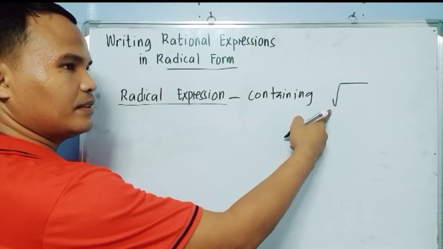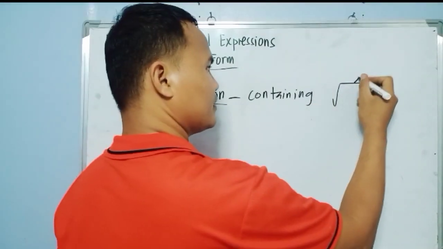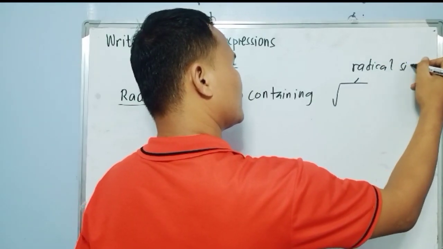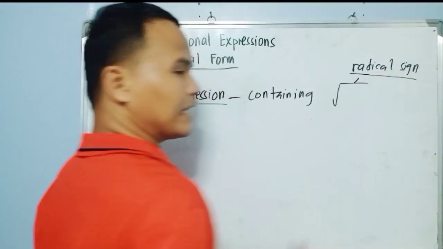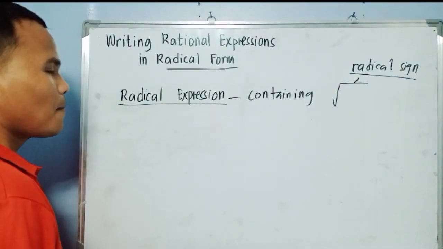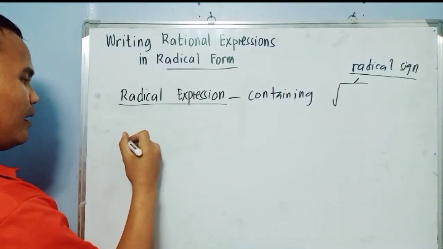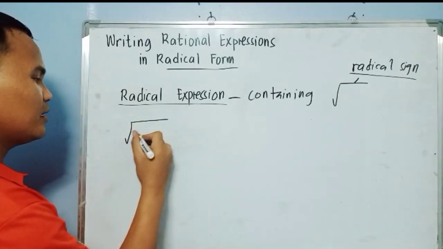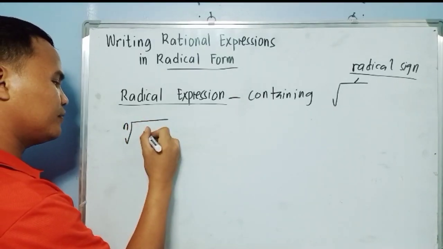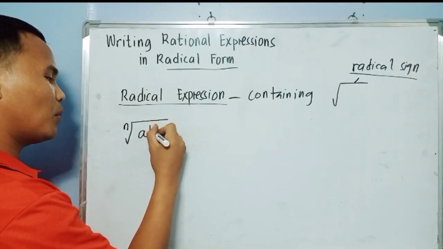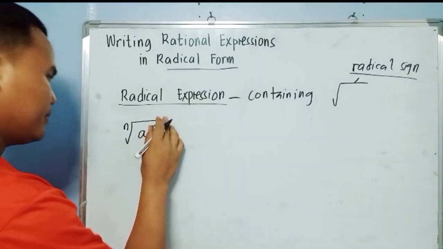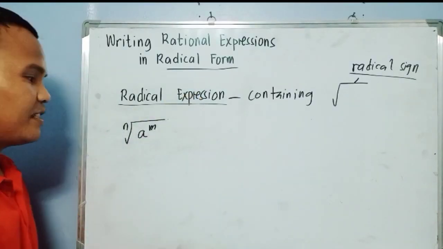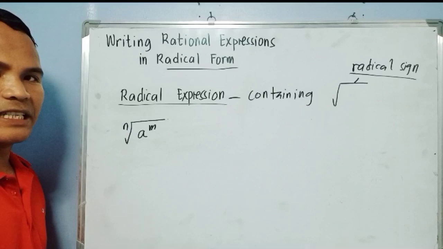This symbol is called a radical sign. Ang tawagan na radical sign. Now, let us consider this general form or general expression, the nth root of a to the power of m. This is an example of a radical expression, a general form of radical expression.